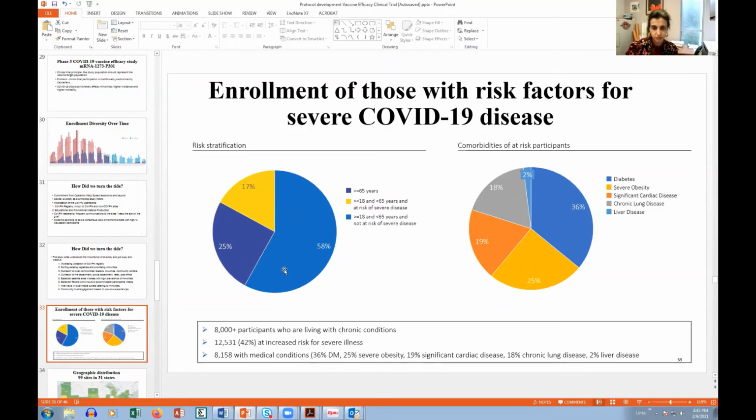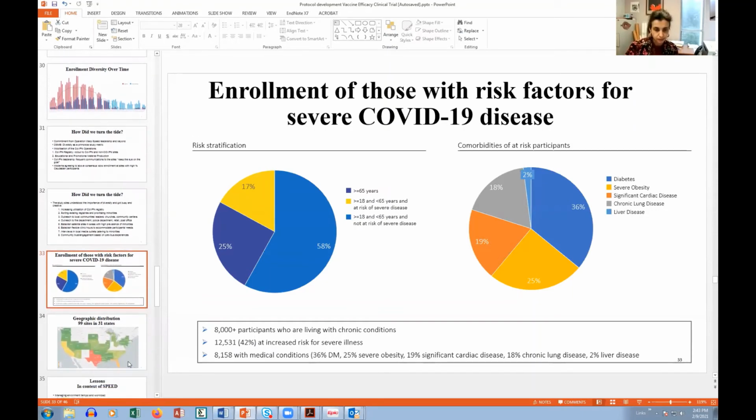And then 58% were not at risk of severe disease, but we had to be very selective in choosing individuals who are not telecommuting, if they were young, of course, who had kids in the house going to school. So they had to have exposure in order to be on the study.